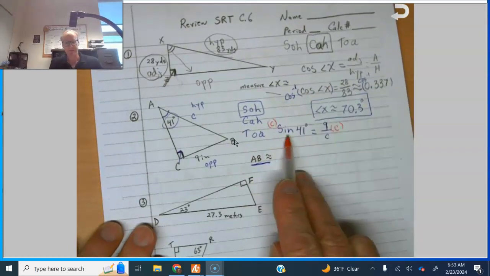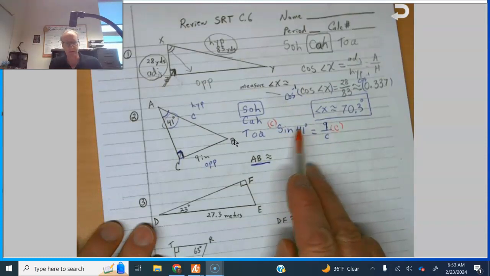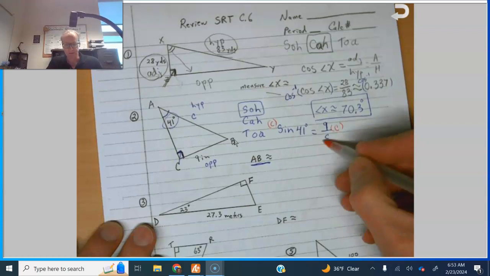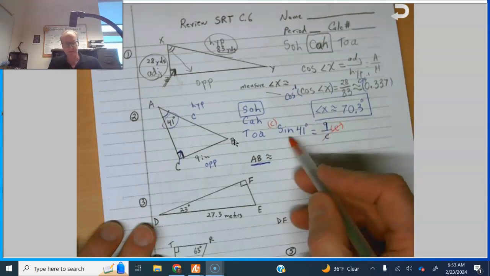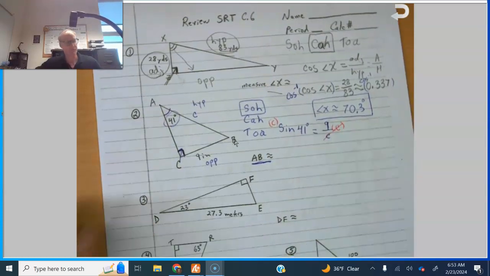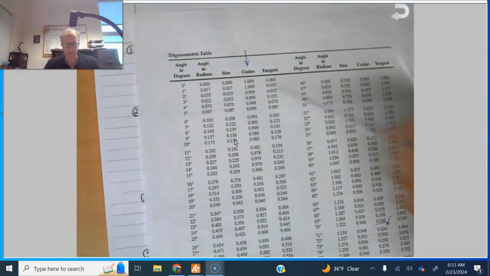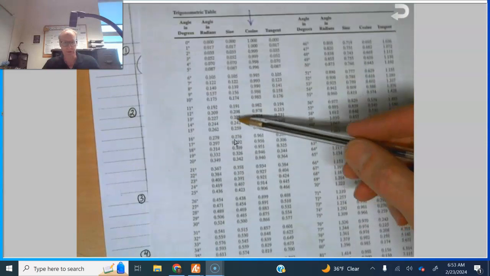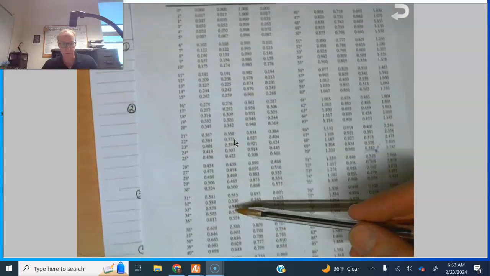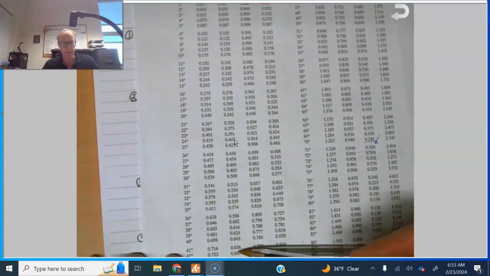Now, remember, this is just a decimal that goes with the sine of 41. The c's cancel out, and this decimal, I can look it up, sine of 41. So I'm going to look in my table under sine of 41 degrees, and it is right here, 0.656.